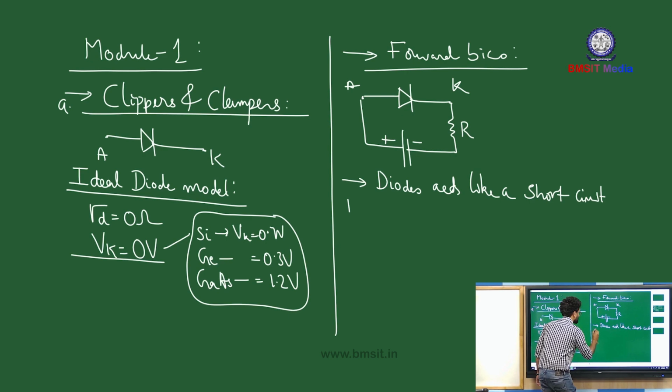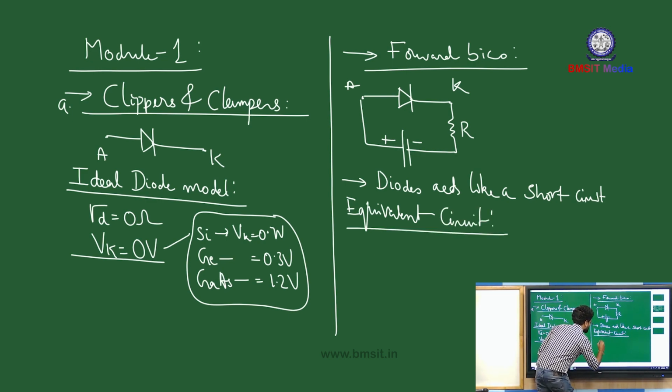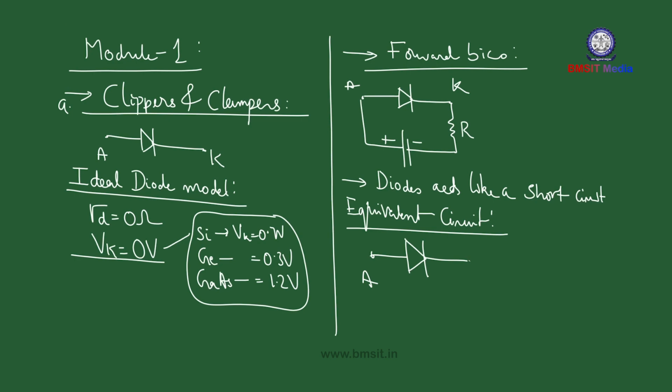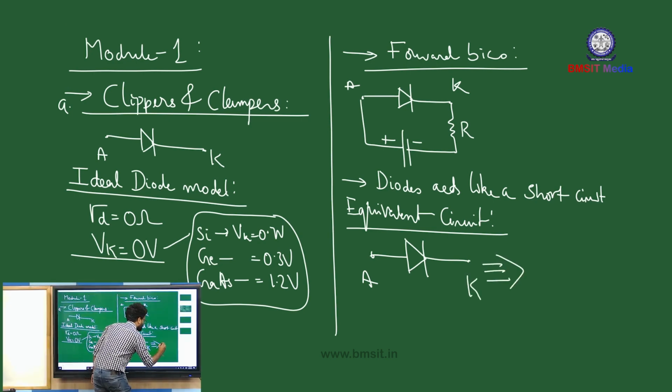The equivalent circuit under this condition is going to be something like this. This is your actual device symbol, anode and cathode, and the equivalent circuit in this case is just a short circuit.